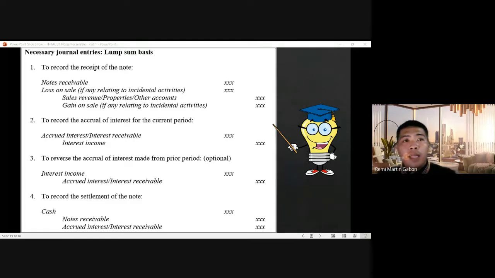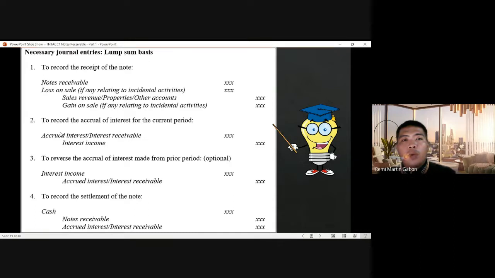So when we lend money and the borrower issued promissory note, we can debit notes receivable and credit cash. Kasi nagpautang talaga tayo literally. So we credit cash. The debits and credits to loss on sale or gain on sale, depende yan kung yung scenario is a sale of properties, transaction related to properties, meaning incidental activities.